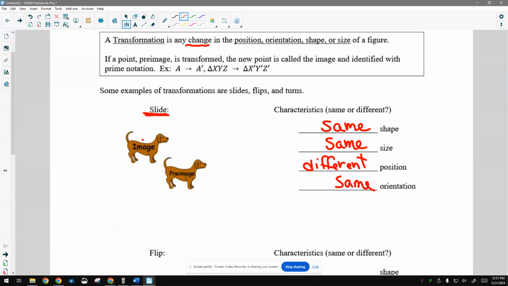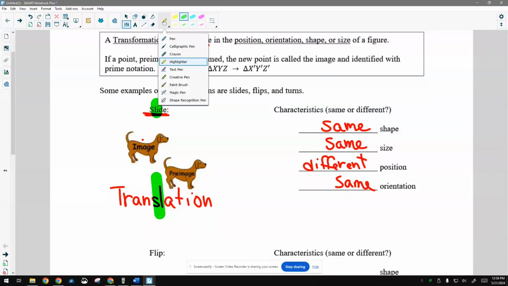And we call this a translation. And I like to remember that because slide has SL, and translation has SL. Translation is a slide, like you're ice skating, like a snake. Okay. All right.